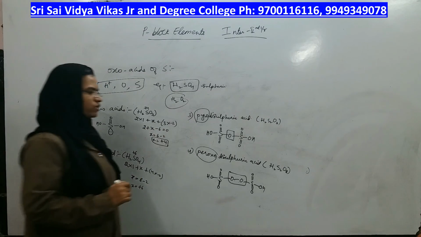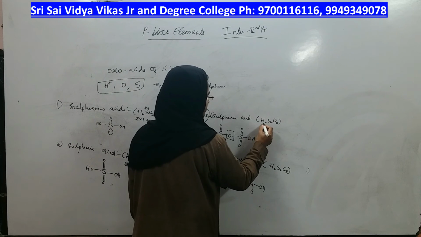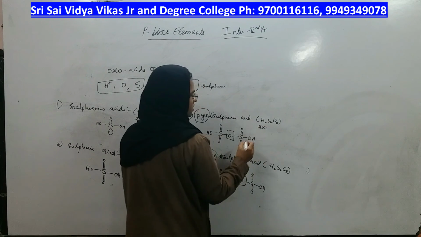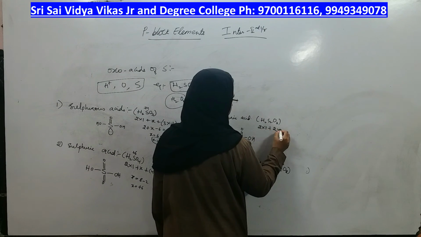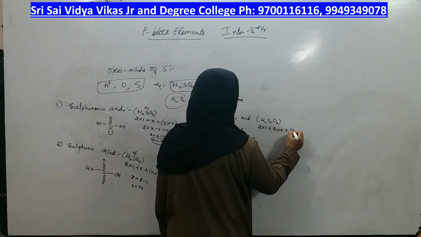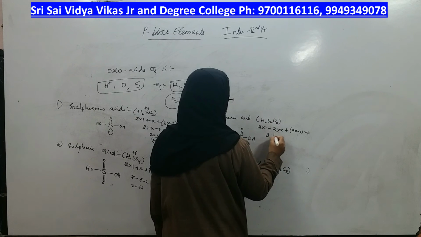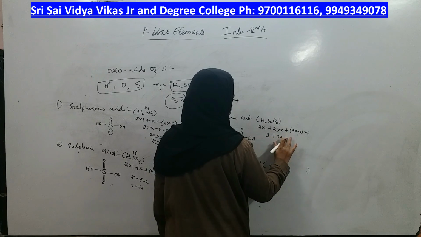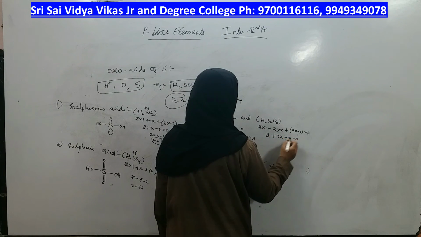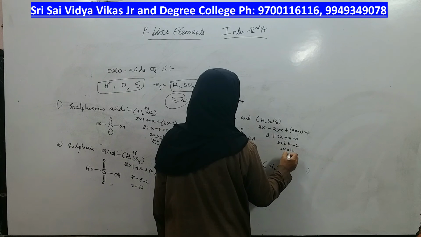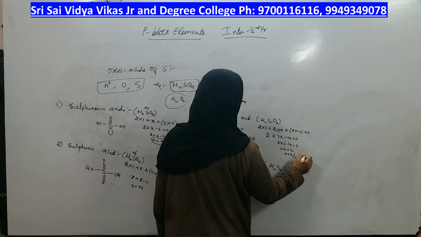Shall we go for the next? Yes, it's same. 2 into 1 plus 2 into X plus 7 into -2 is equal to 0. 2 plus 2X minus 14 is equal to 0. So 2X is equal to 14 minus 2. 2X is equal to 12. X is equal to 12 by 2, which is +6.